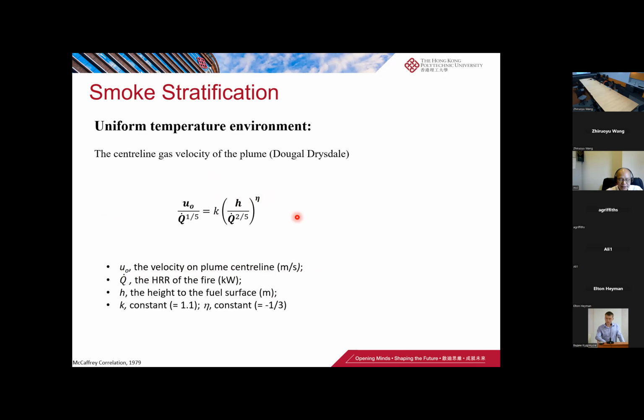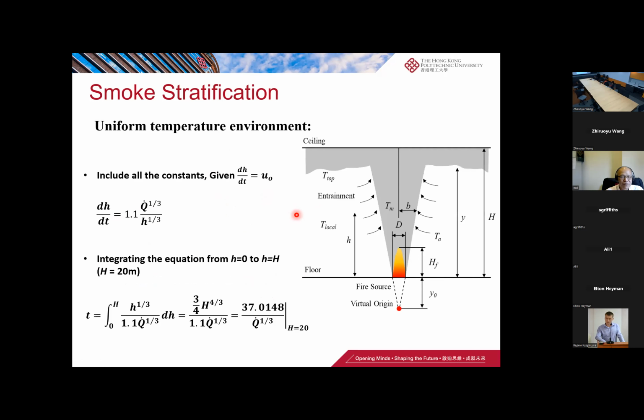With this equation, we rearrange it because the centerline velocity can be replaced by dH over dt. That's very simple math. We all know this math. We rearrange the equation and put the constants in, and then we have this correlation.